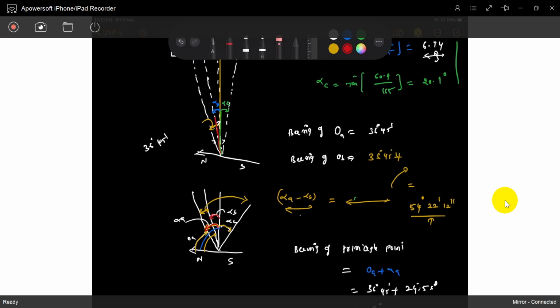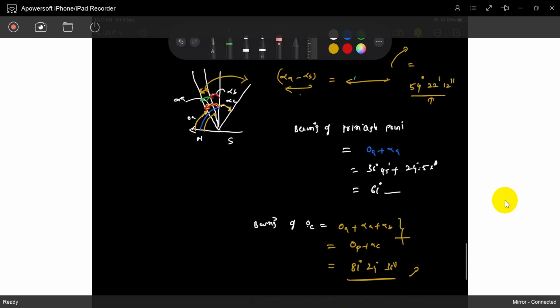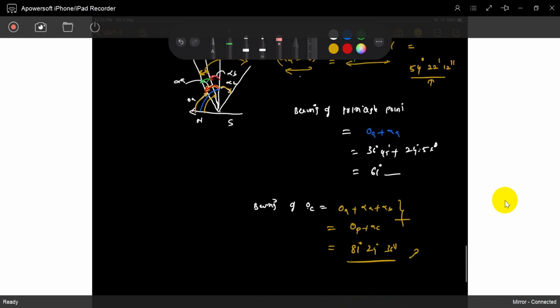So to find out the bearing of OB, OA plus this difference is required. Got the idea? So that's the mistake we made. Maybe you also have a chance to make a mistake. Okay, that's it now.